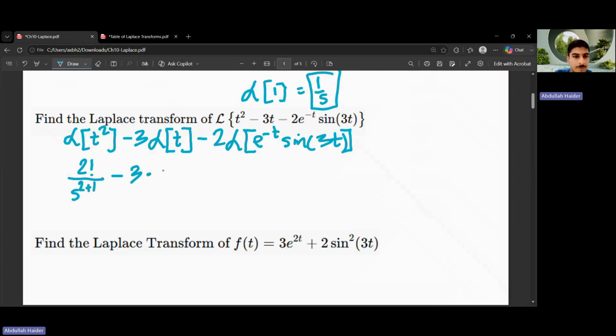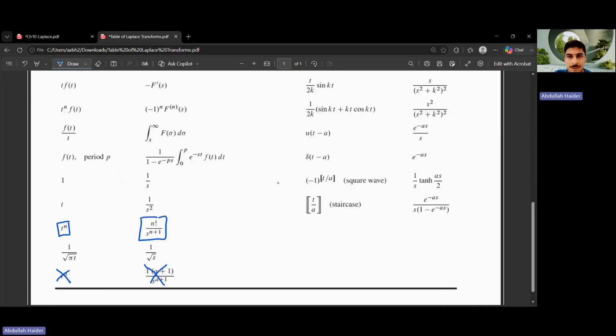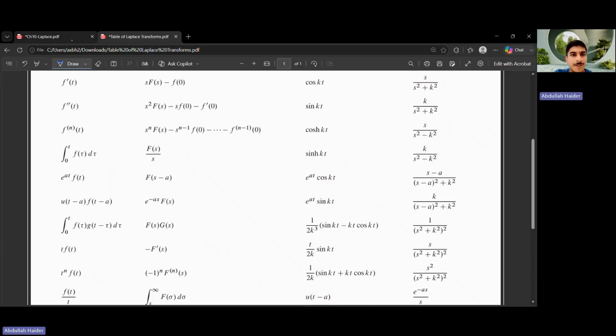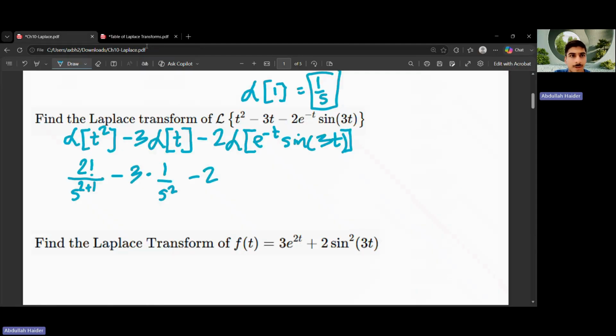So 3 times 1 over s squared, minus 2 times e power minus t sine. Now you find where is e power minus t sine. Yeah. So in this case, we'll be using this Laplace, which is e power minus. So in this case, you have e power minus t sine 3t.